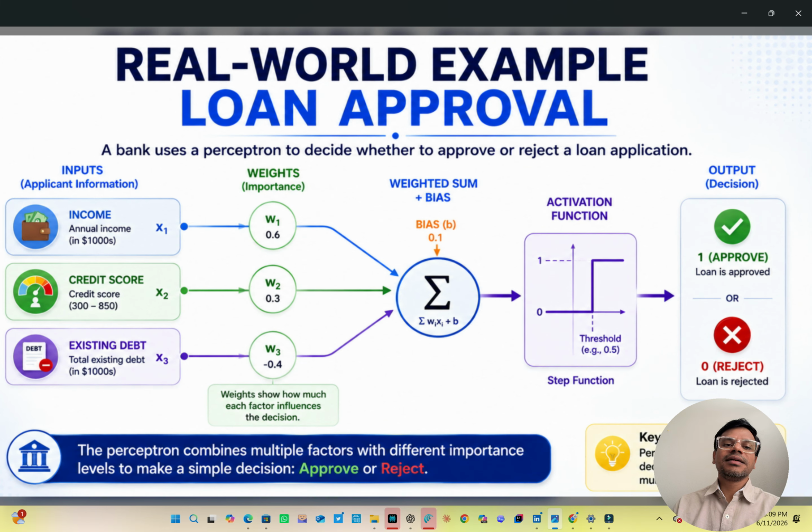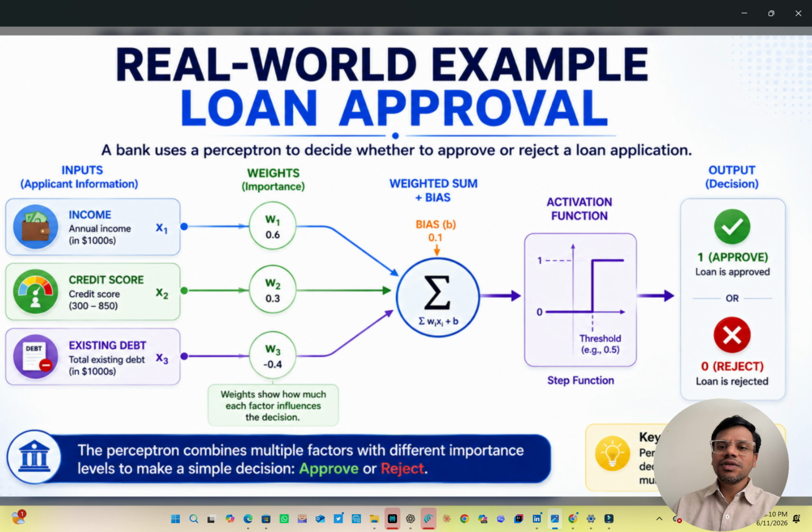So let's take a real-world example, the loan approval process. Let's see how a perceptron can be used in a real-world business scenario. Imagine a bank evaluating loan applications.